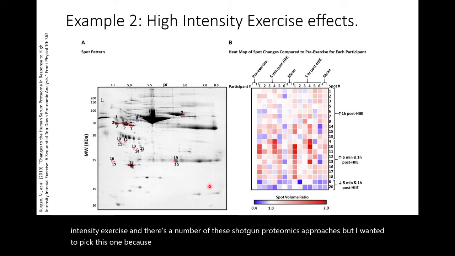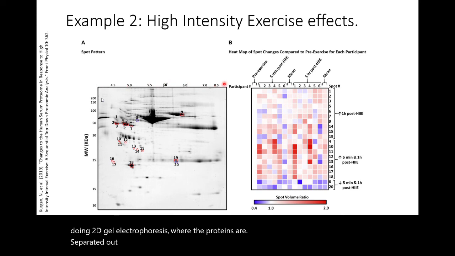other main way of doing proteomics, that of doing 2D gel electrophoresis, where the proteins are first separated out by isoelectric point, the pH at which they are neutral, and then they're separated out by size.